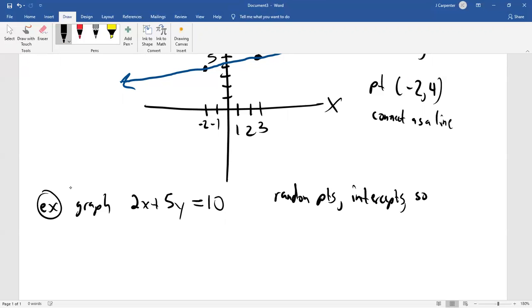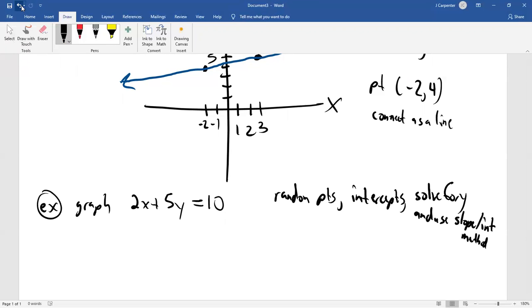You can solve for y and use the slope-intercept method. And there's more methods after this, but these are like the 3 main ones.